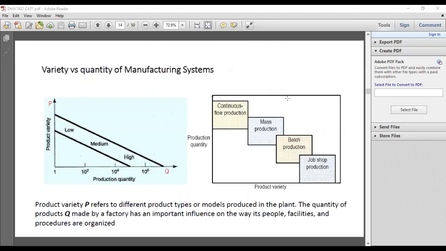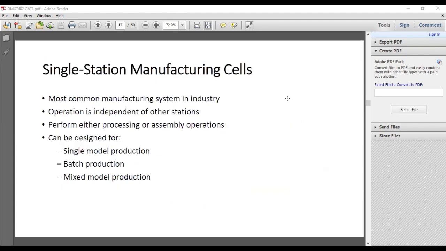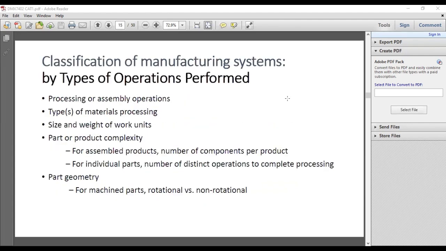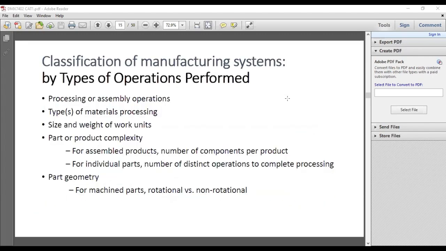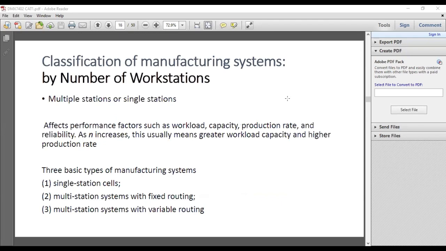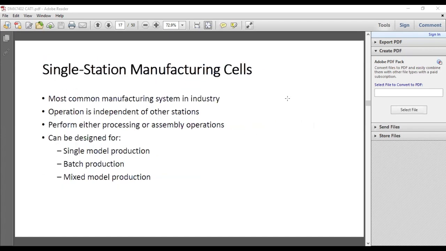Go through all these slides. I inserted this slide, it was not there before.